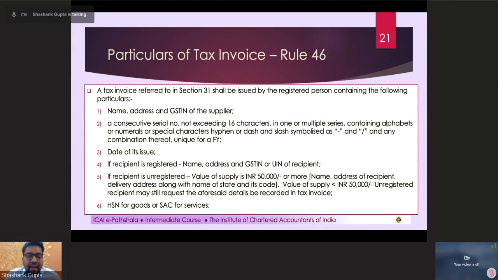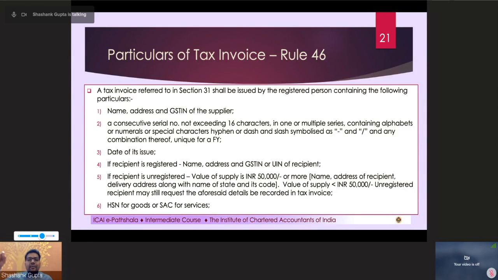Now, the idea behind this unique serial number is that first the government wants it to be unique for a financial year. So suppose I am a chartered accountant and I have my firm wherein I practice. So a reasonable way for me to raise my invoices would be first to put a reference of the financial year, that is 2020-21. So I have used 5 characters, 20-21. Then I give a slash.